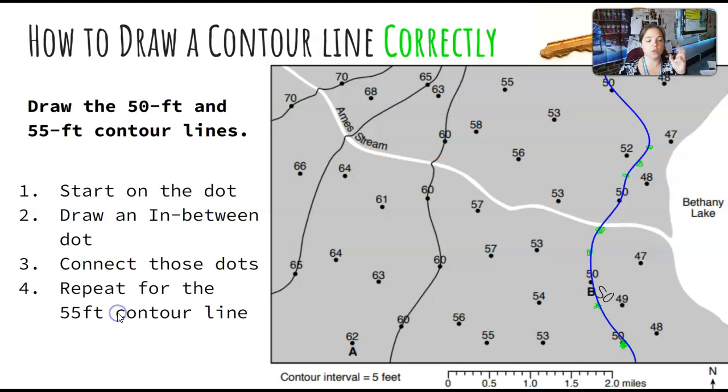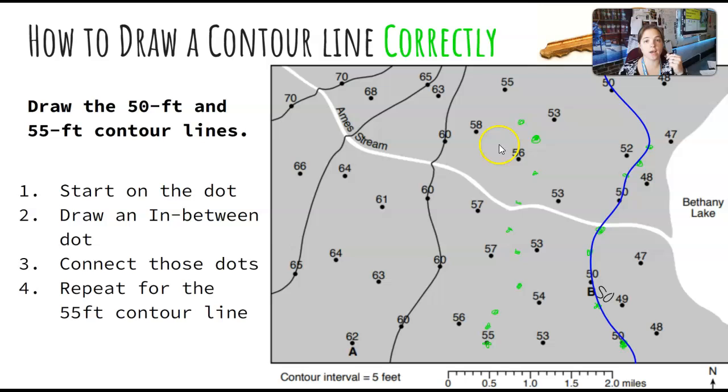All right, so I'm going to do it for the 55. I'm looking at the 55, and I'm going to start putting dots in between. Probably in between there, in between these two, in between those two and these two, in between these two, in between those two, and then in between those two.